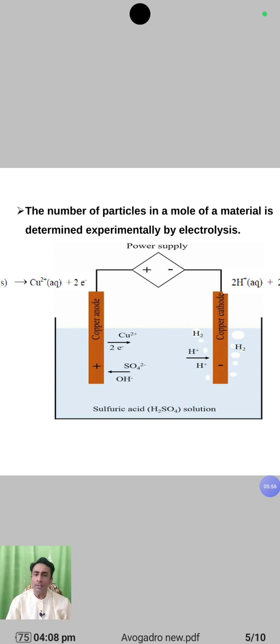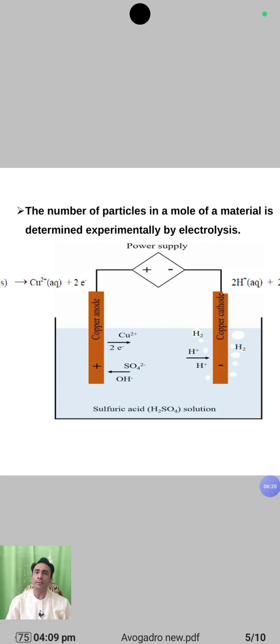So what happens? These sulfate ions must lose electrons to become neutral, but there are also hydroxide ions. The hydroxide ions may also lose electrons to become neutral. So either sulfate ions will get oxidized, loss of electrons is oxidation, or hydroxide ions will lose electrons and get oxidized.